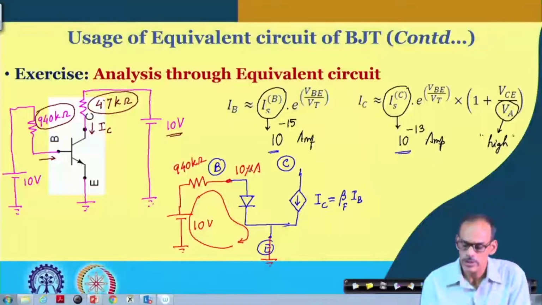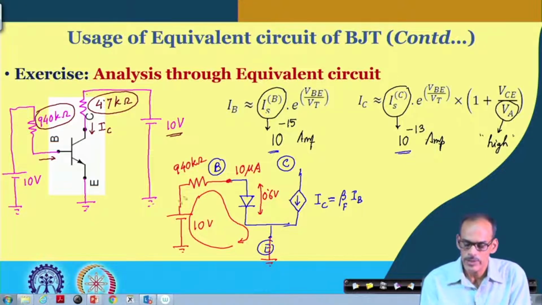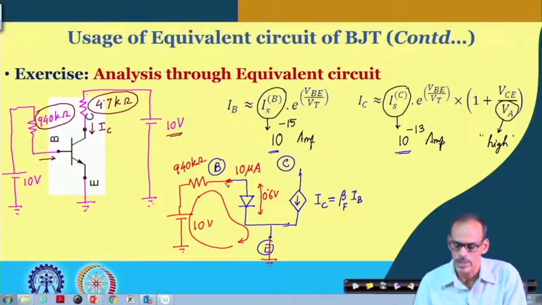So, how will you proceed? Either you can go through iteration, and you will find that this voltage converges to close to 0.6 volt. You can assume that the cut-in voltage is 0.6 volt. With that you can calculate that this current becomes consistent. So, that is how I picked up these numbers. So, that gives the corresponding collector current.